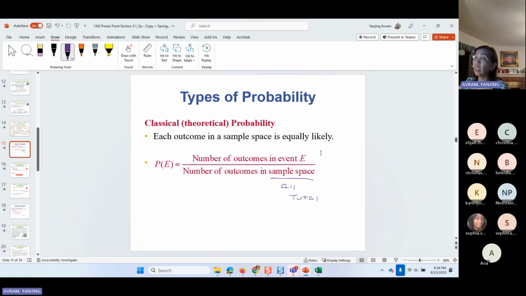So probability is kind of like a percentage. You can change it into a percentage, or you can put it in decimal form, because the probability is between 0 and 1. Always a positive number. If you want a percentage, usually we say 30%, right? We usually hear from the forecast, oh, it's going to be 30% rain tomorrow.